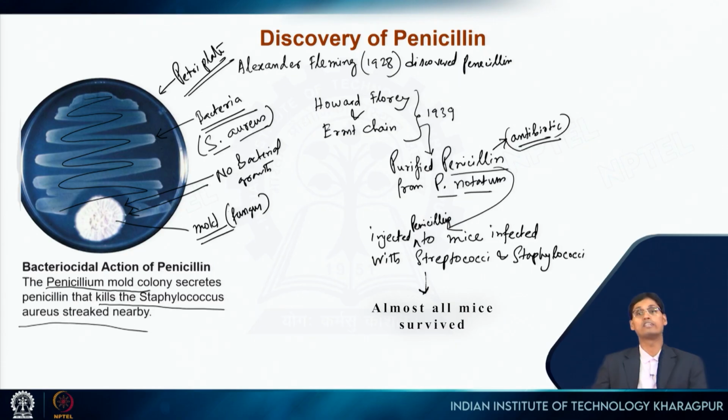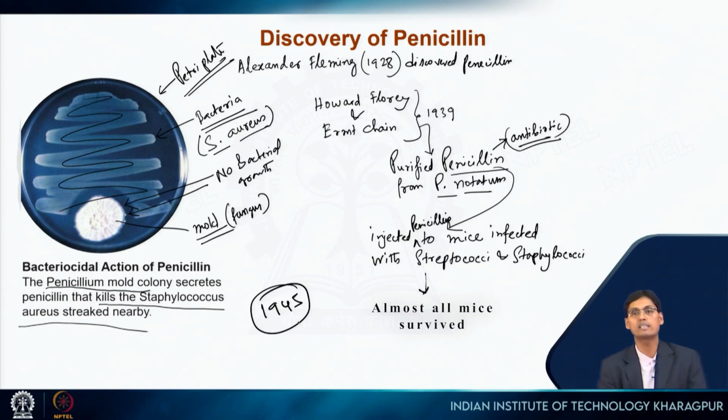from the bacterial infection. Later on, human trials also happened, and finally I should mention that in 1945, Alexander Fleming, Howard Florey and Ernst Chain received the Nobel Prize for their discovery of penicillin.